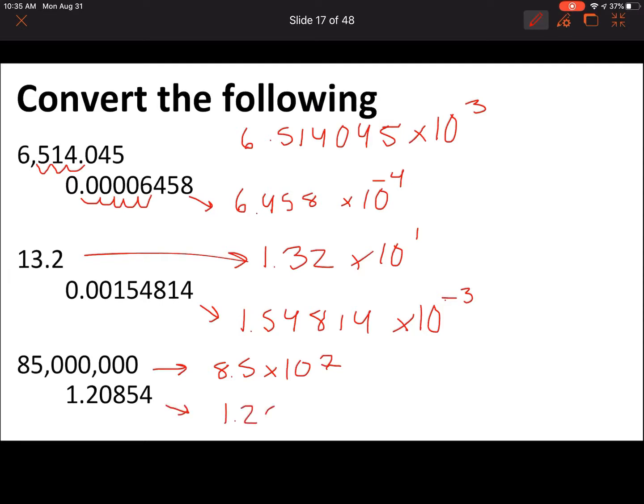And this should be 1.20854 times 10 to the what? To the 0, because we didn't move this at all. And what is 10 to the 0? Well, 10 to the 0 is just 1. So we're just multiplying that times 1, and we just get the exact same value. So that one is a little tricky, but that's how you do all of these values.